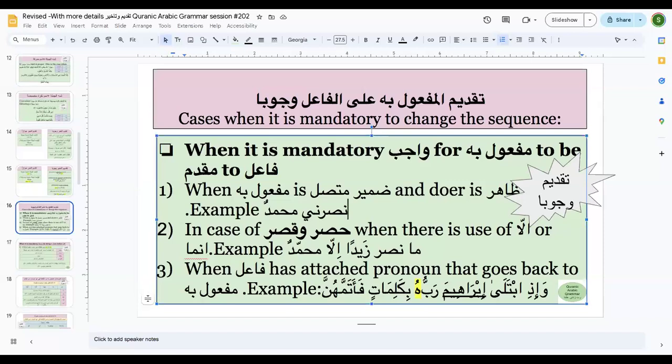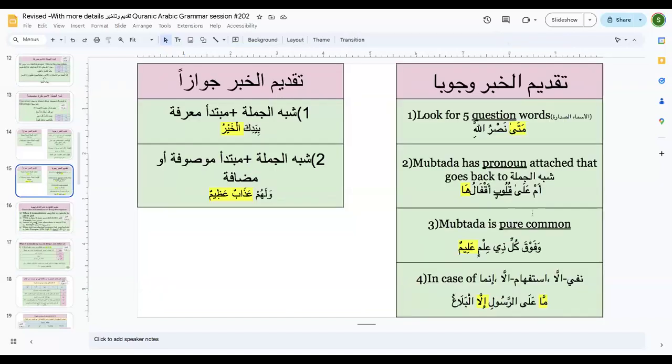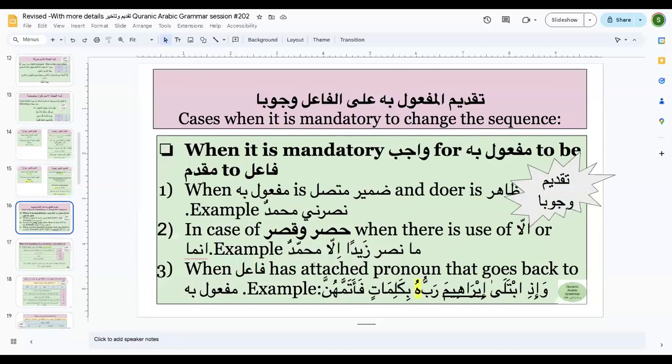Do you remember the example ala qulubin aqfaluha, from our last session? This aqfaluha mubtada had to be made muakhar. Why? Because it had a ha that was going back to the ism in shibh al-jumla. Very similar to this you are seeing here.